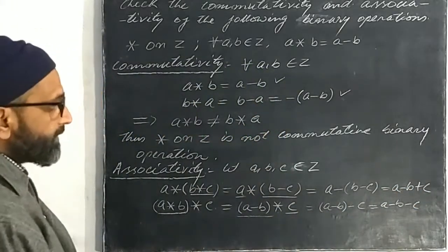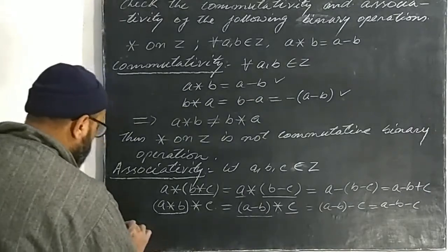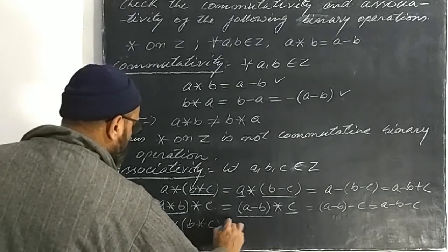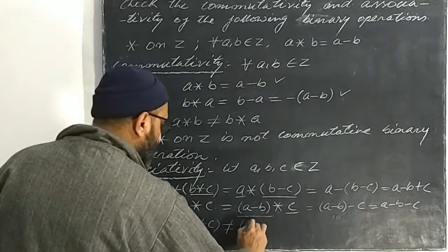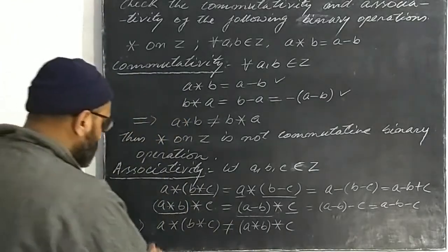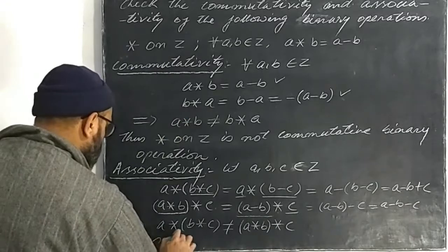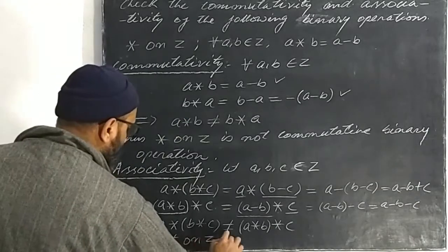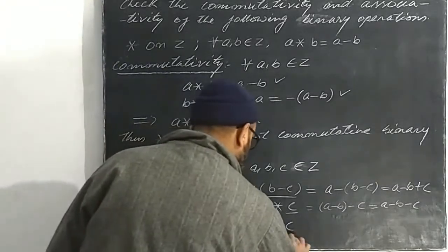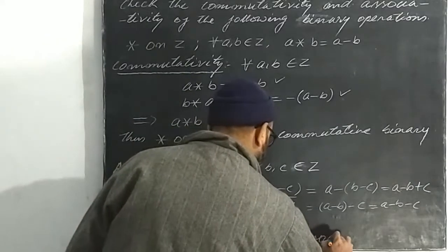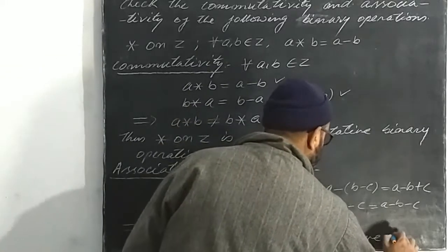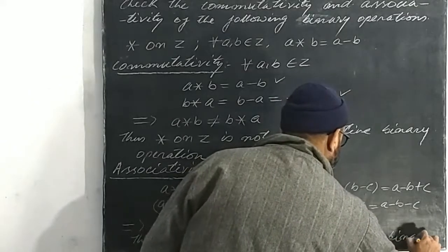So it implies that a star (b star c) is not equal to (a star b) star c. Thus we may say that star on Z is not an associative binary operation.